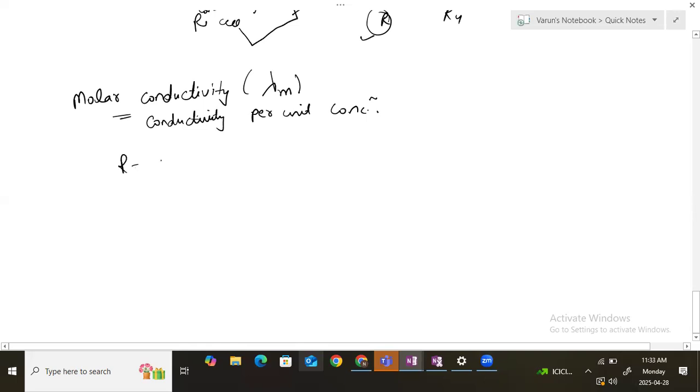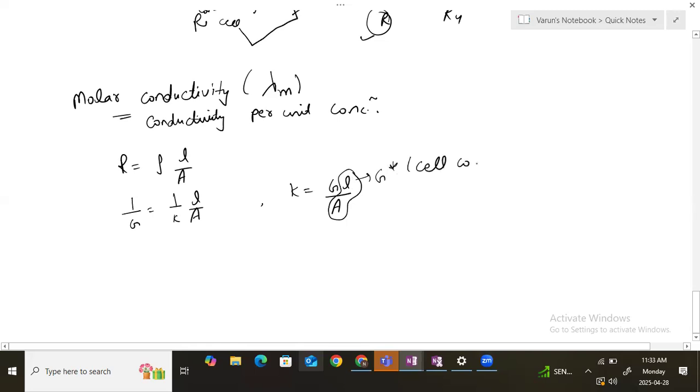If I say that my resistance is R equal to rho L by A, I can write it like this. Then my kappa will be G L by A. L by A is my cell constant, represented by G star.